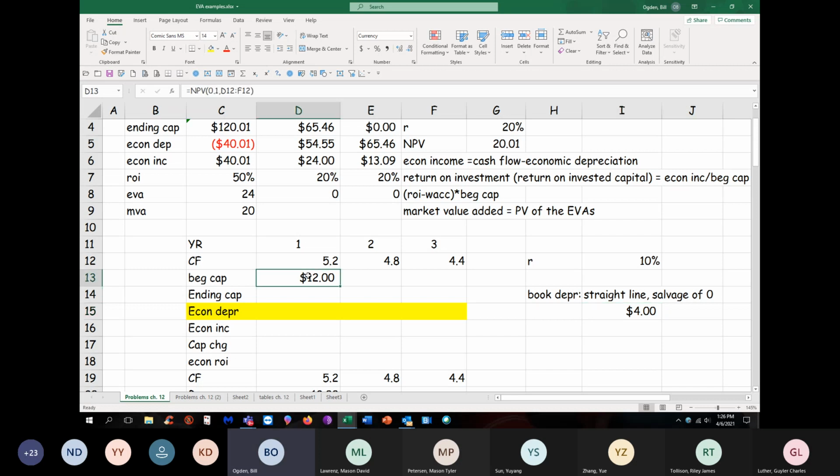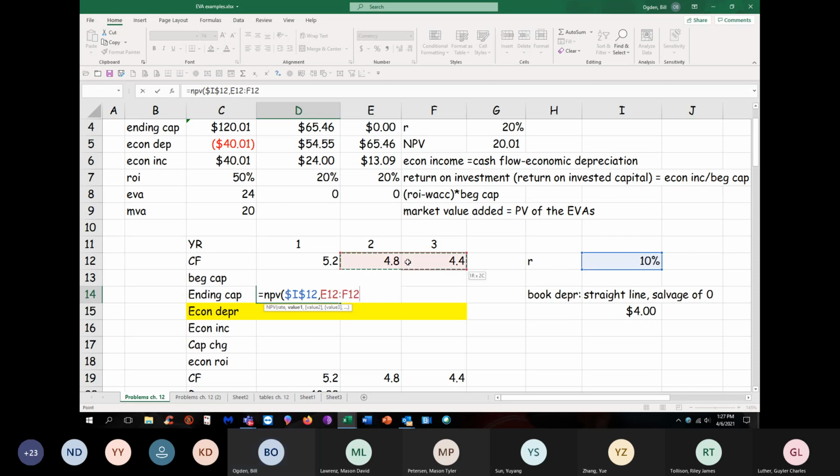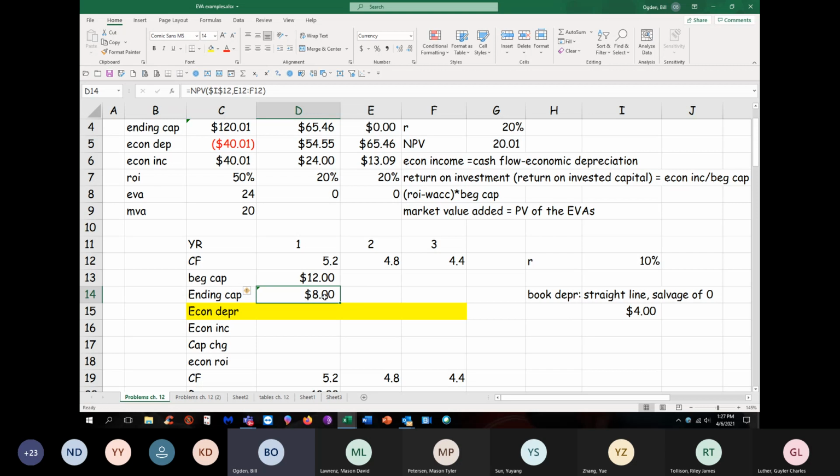Here's our beginning cap, and let's do our ending cap. Okay, you know how to do it. Go ahead. It's the present value. So NPV at R of the remaining cash flows. That's where that $8 came from that I should not have included.